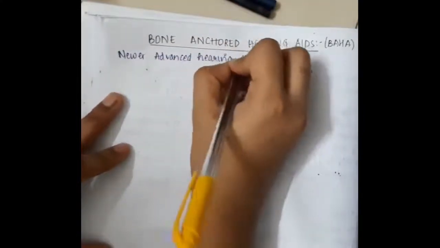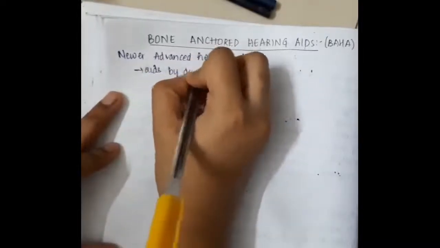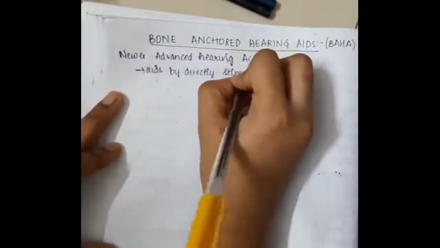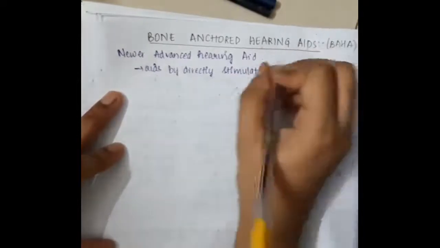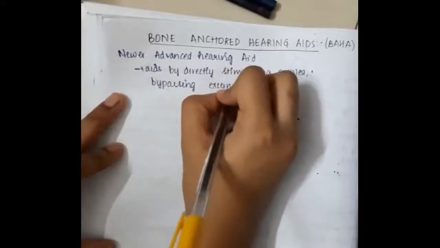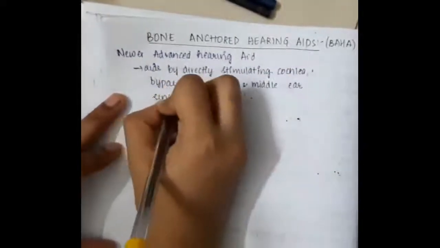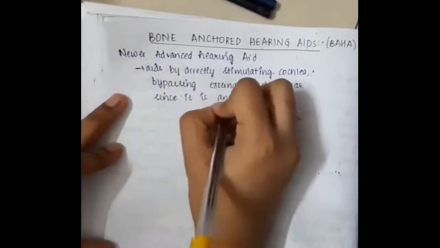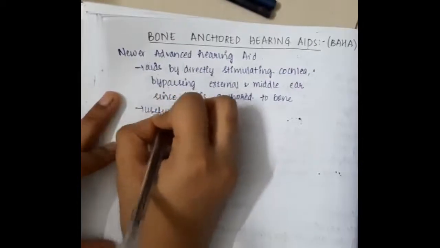It aids by directly stimulating the cochlea, and thus it bypasses the external ear and middle ear because it is anchored to the bone. This bone anchored hearing aid is attached to the bone and it directly stimulates the cochlea.